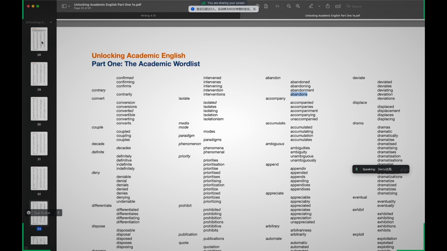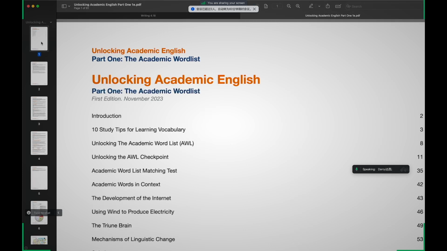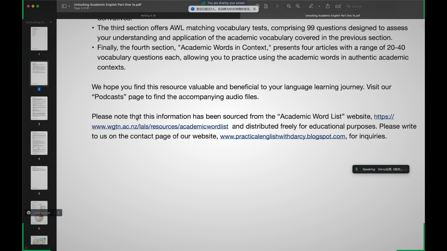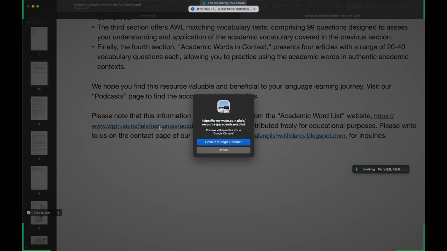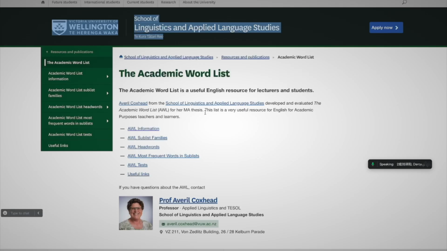This list is a very important list. It comes from this website here, and it's sort of a source text that has been used for IELTS for a long time. So this school here, as you can see, it's the School of Linguistics and Applied Language Studies, right?